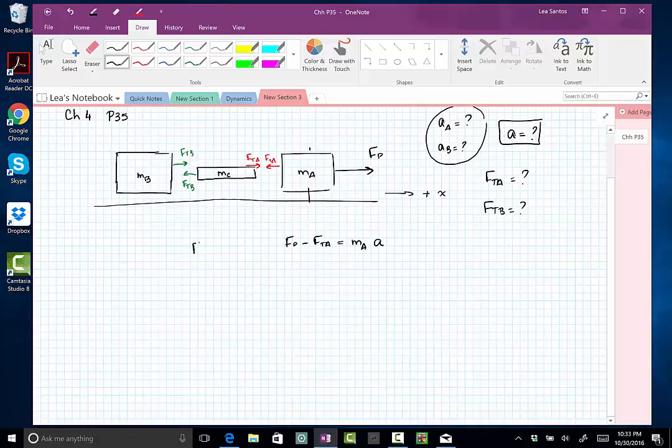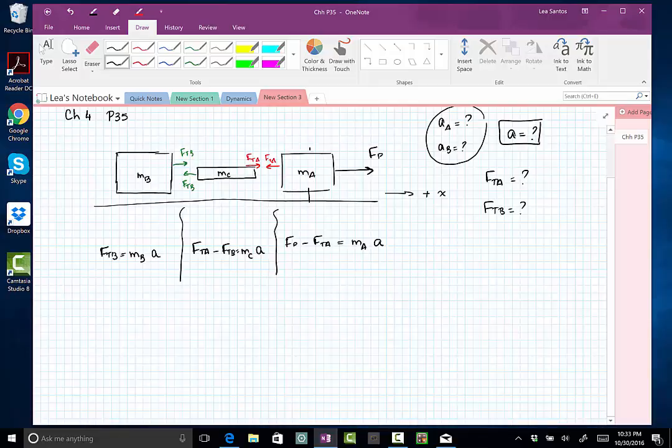We have that FTA minus FTB is equal to the mass of the cord and the acceleration. Okay, and now finally I go to the box B, and there I have just one force, which is the FTB, and this is equal to the mass of the box times the acceleration.